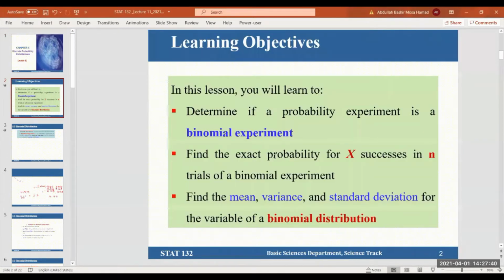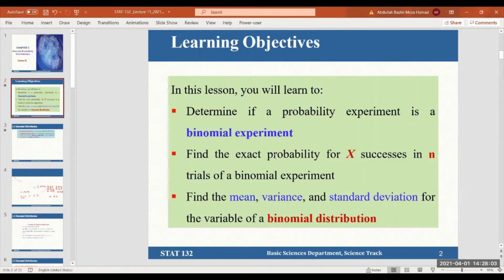By the end of this class, inshallah, students should be able to determine if a probability experiment is a binomial experiment, and to find the exact probability for X successes in n trials of a binomial experiment.